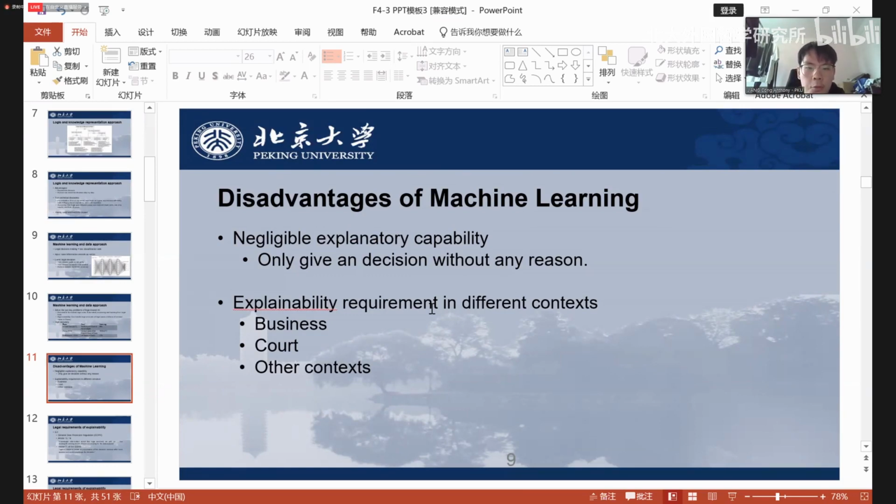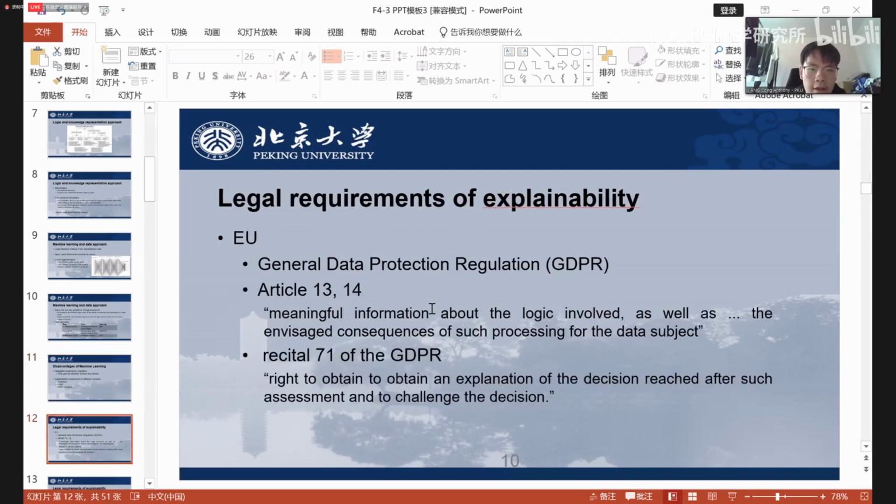So what is the explainability requirement in legal AI and in many other circumstances? Because explainability is a common problem in many different areas. Actually, there exist some legal requirements of explainability.